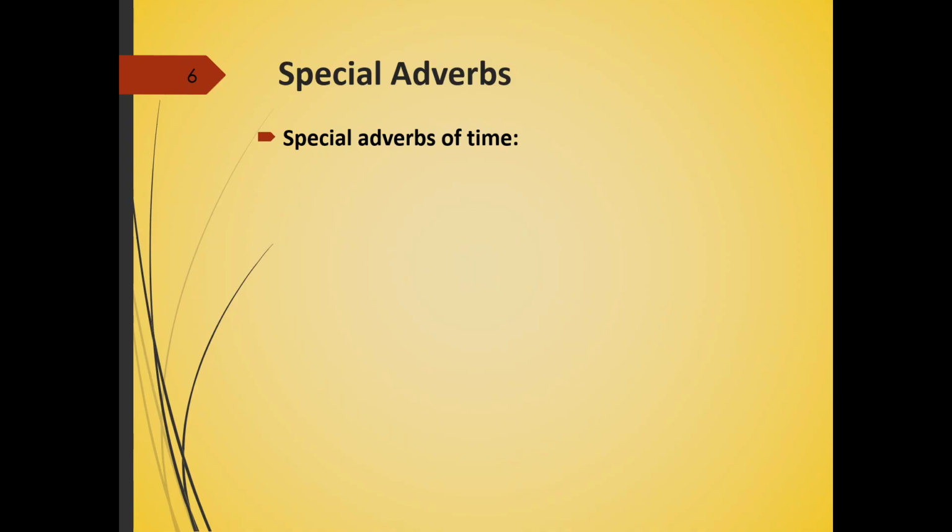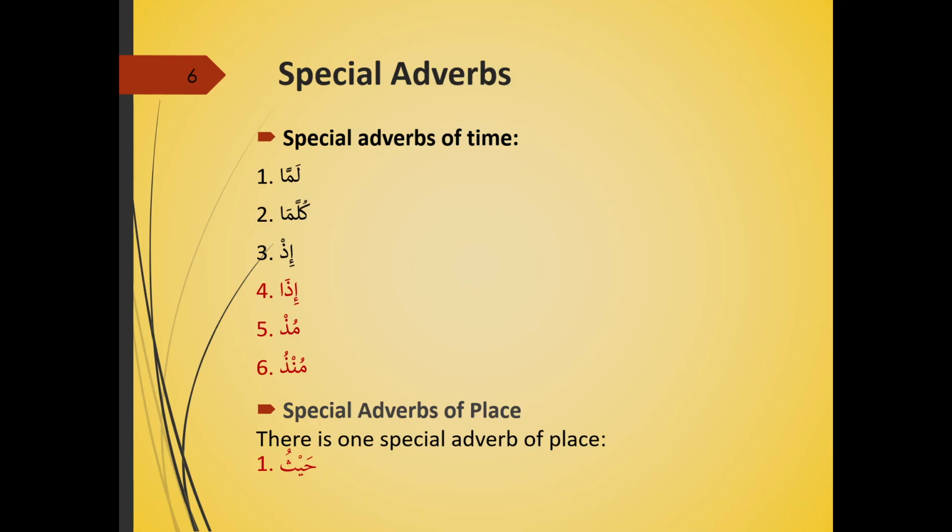Then we had mudafs that are in the form of zarfs. And zarfs, we know, indicate something within time or within place. And then we had special adverbs of time, not just any general adverb of time, but this particular set of adverbs: lamma, kullama, idh, idha, mudh, mundhu, and haythu.